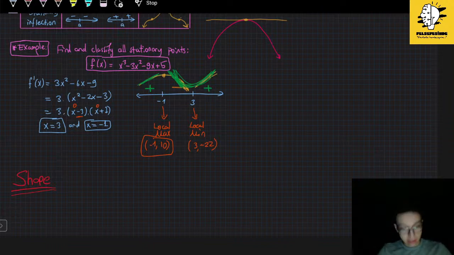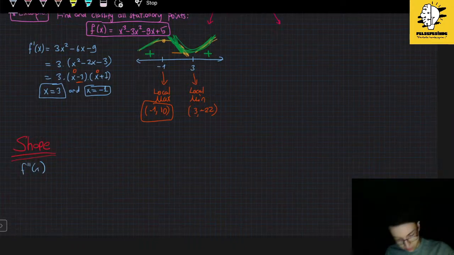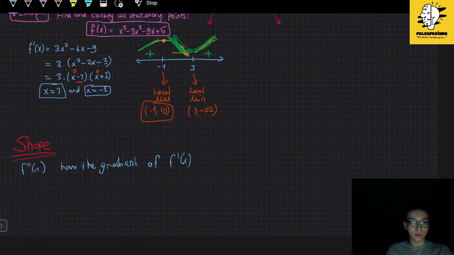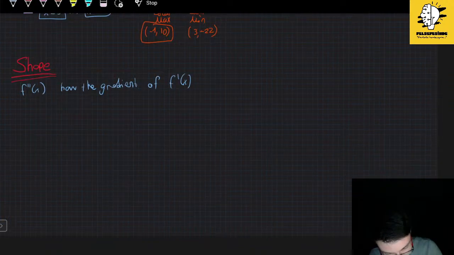The thing is that the second derivative tells us about how the gradient of f(x) is changing. Therefore, I will divide this page into two. Let's use this color.